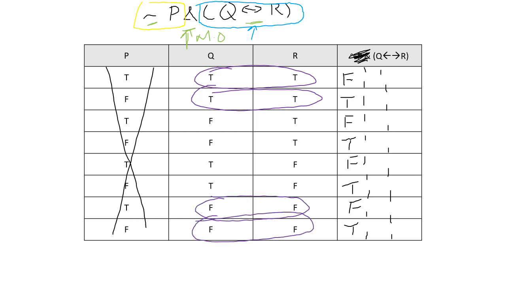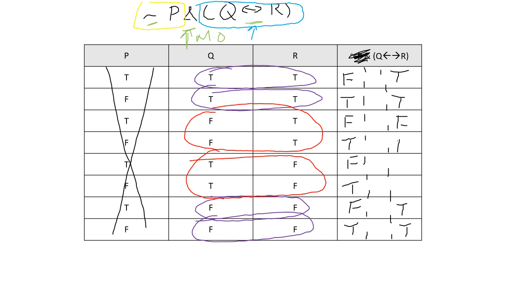But if they don't match, if they are false and true, or true and false, which are the cases here, then it is false. So wherever they match, it's true. Wherever they don't match, it's false.